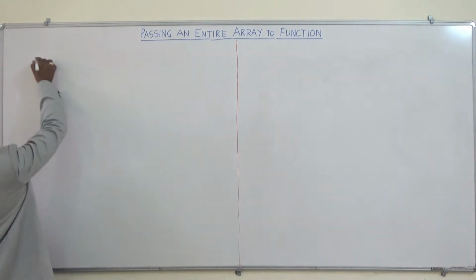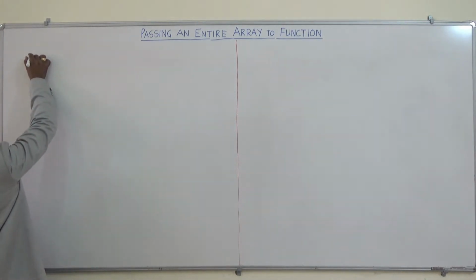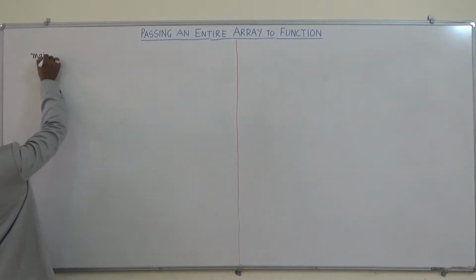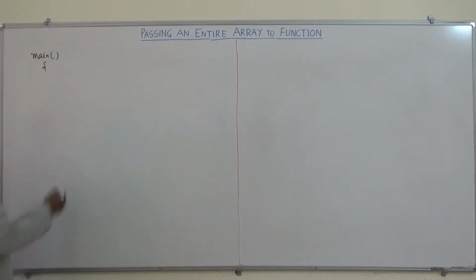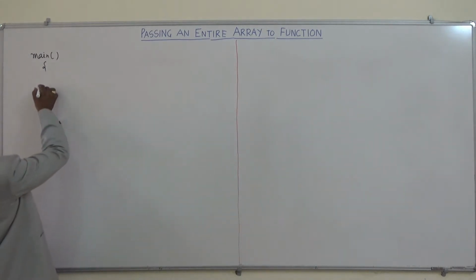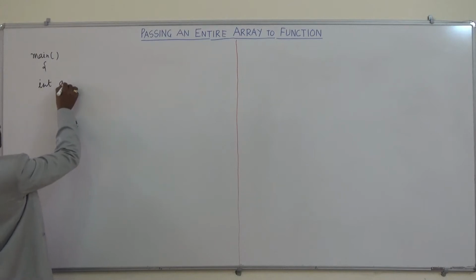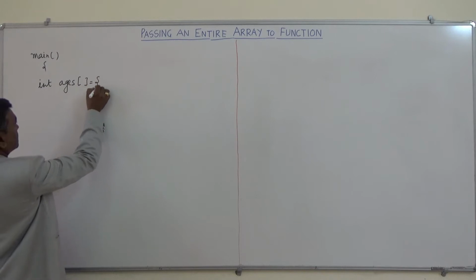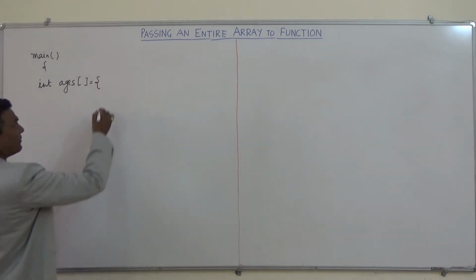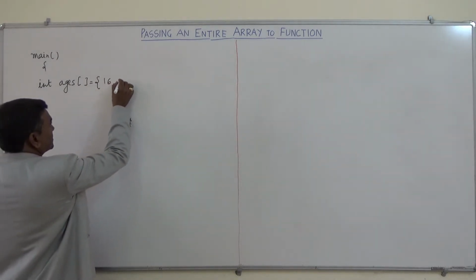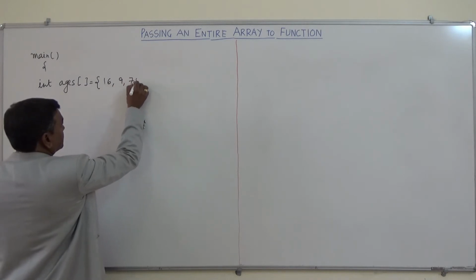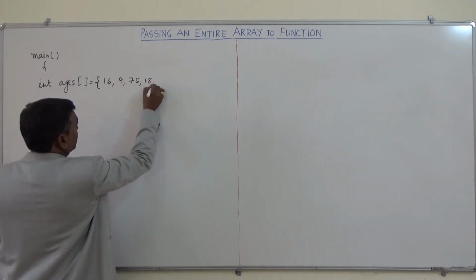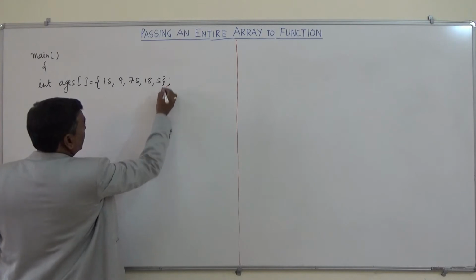Let us start from main. So in this main we are going to take the same array that we have already taken in the previous examples. Int ages, it is containing the 5 elements like 16, 9, 75, 18, 5.